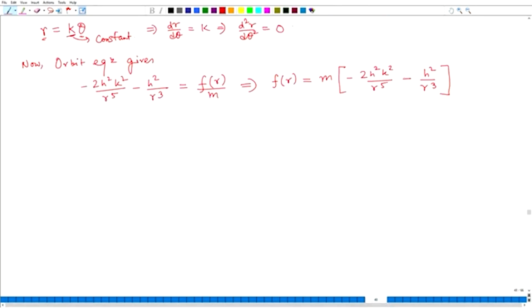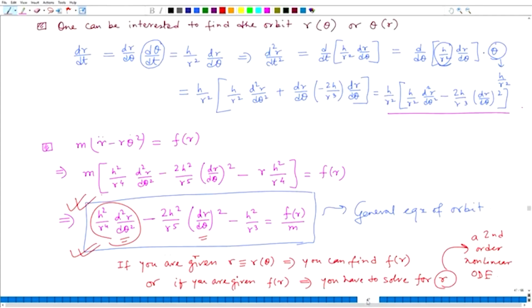This is not a straightforward law of a single power law like f r is equal to some a r to the power n. This is a composite power law.